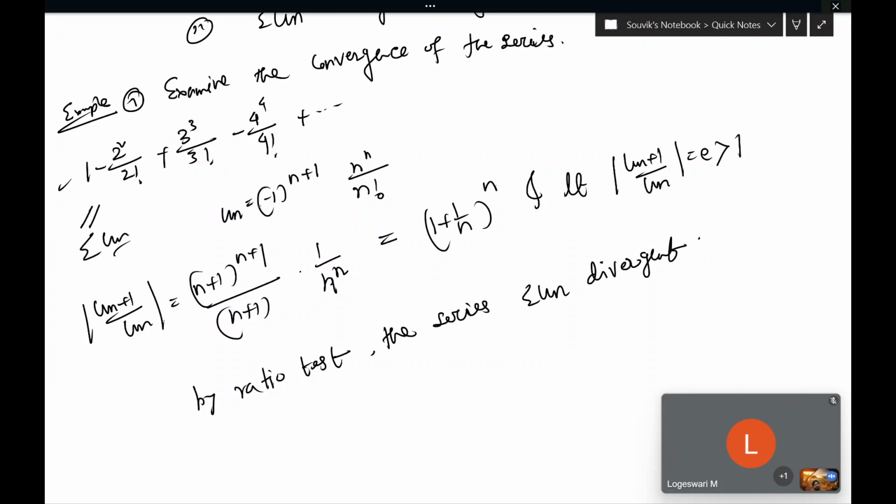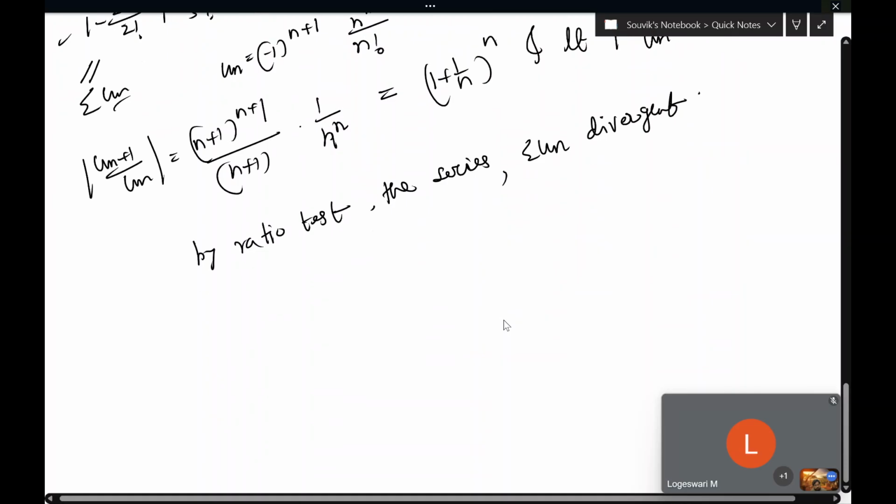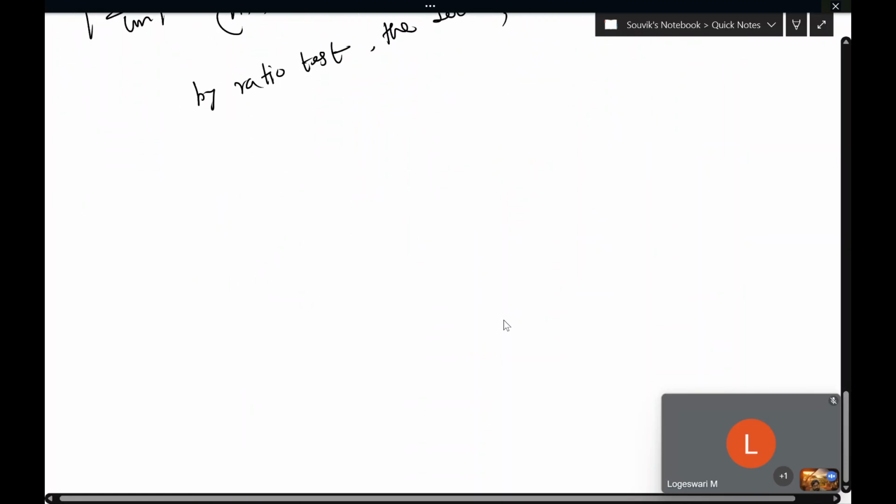So by ratio test, this series summation u_n is divergent. So this is one example.